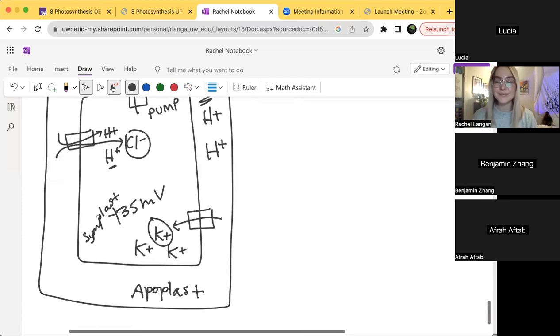So when the textbook or the worksheets say that it's pumping H into the cell wall, they mean the apoplast. Yeah, kind of synonymous. Okay, so there's also all the cross-linking fibers and whatnot in the apoplast as well. Yeah. Okay, thank you. You're welcome.